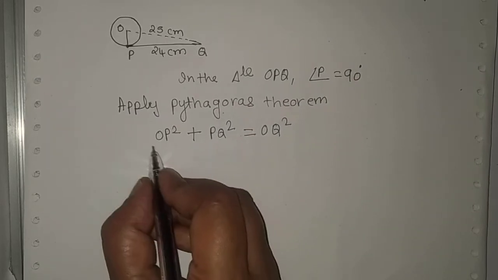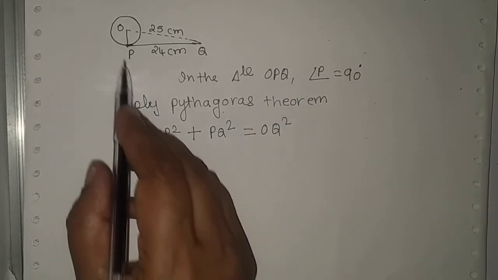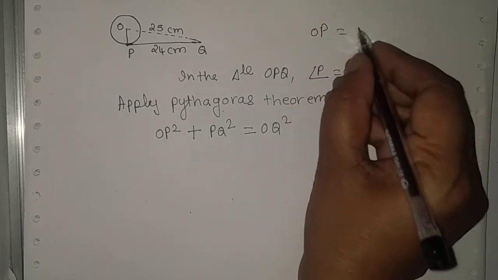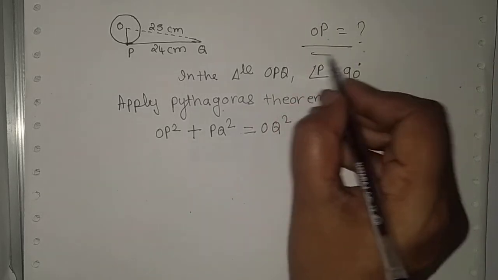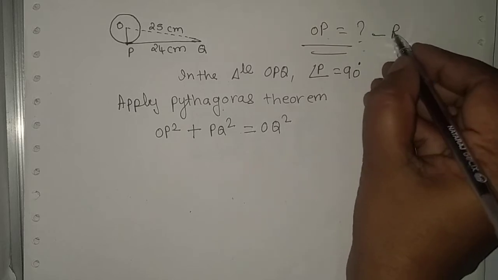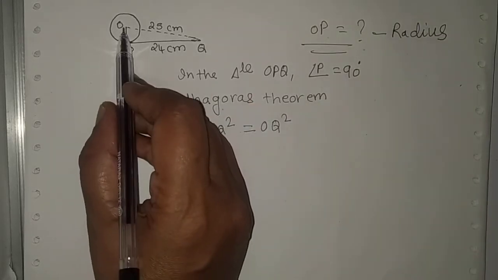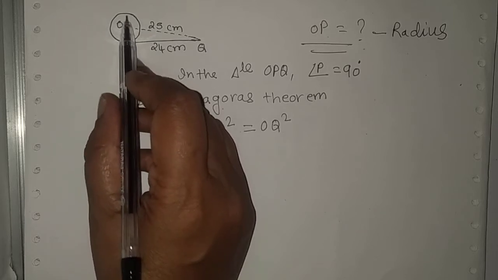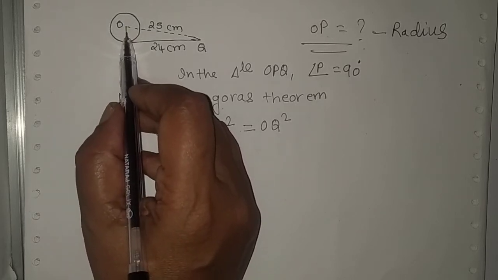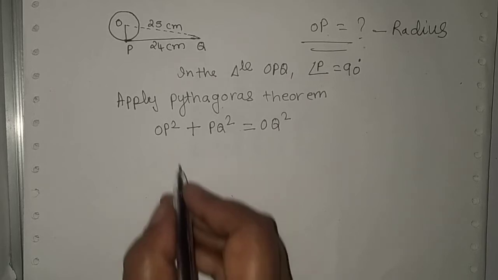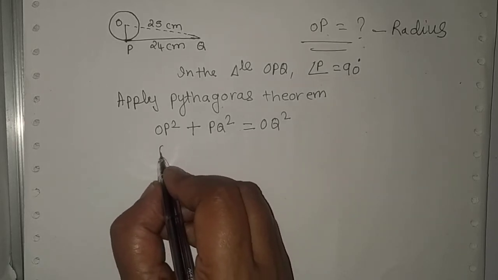So substitute the values. We don't know OP, we have to calculate this. OP is the radius, and the line down to the end of the circle will become the diameter. So half of the diameter is the radius. After this, we'll substitute the values.